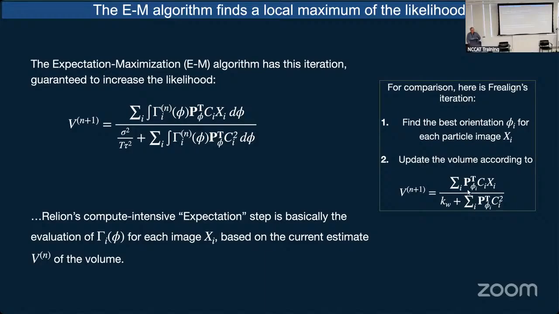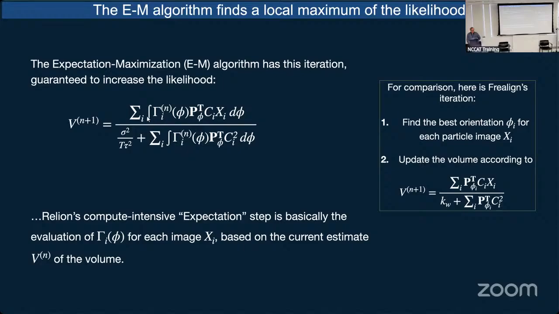It looks a whole lot like FREALIGN, with the only difference being we have this gamma here, and instead of picking the single best projection direction, we integrate over all possible projection directions.